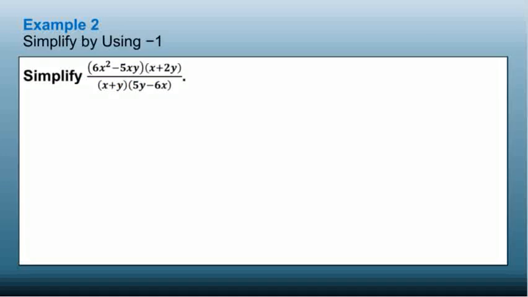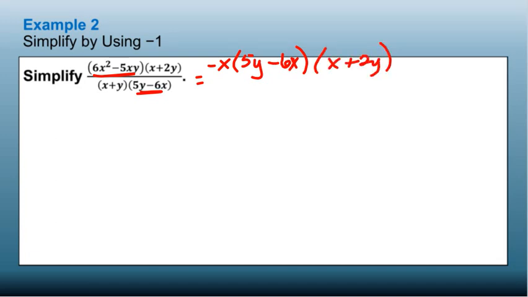Example 2, now we're going to simplify using a -1. If I look here, this term and this term are very similar. To get them to be like each other, if I factor out a -x on top, that leaves me with 5y minus 6x. And then I also have x plus 2y left up on top.